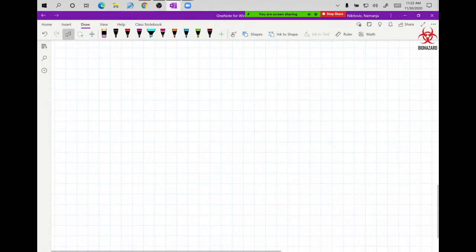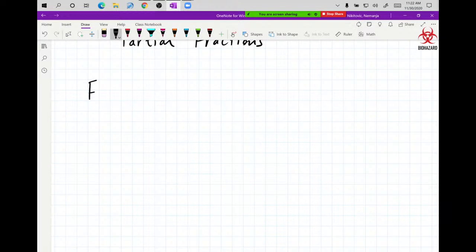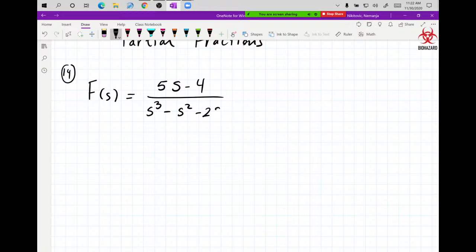Trying to see. So let's go with f of s. I think this is problem 14. F of s is equal to 5s minus 4 divided by s cubed minus s squared minus 2s.